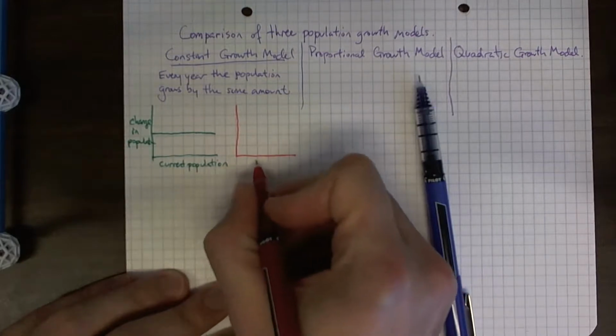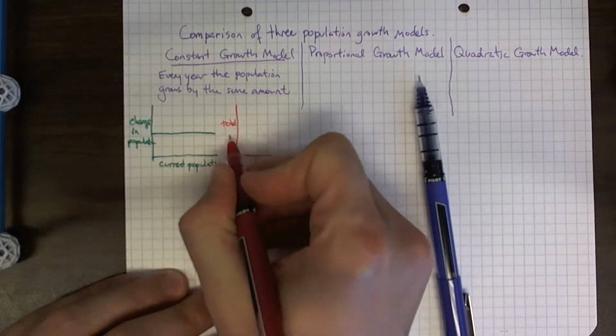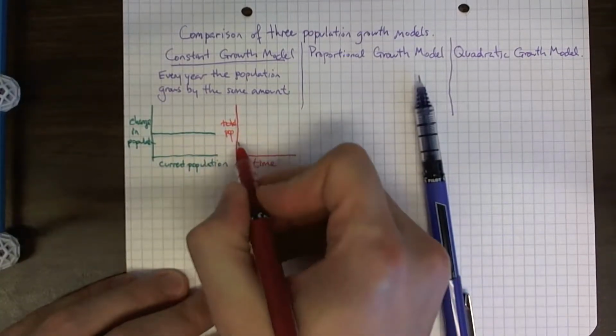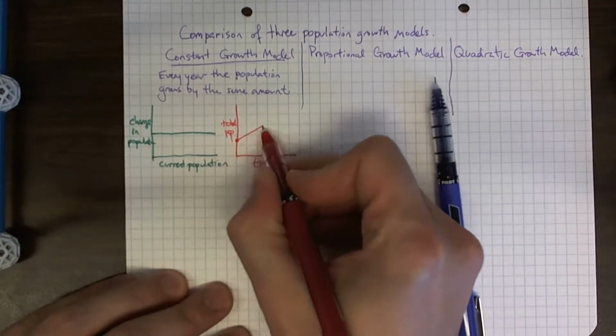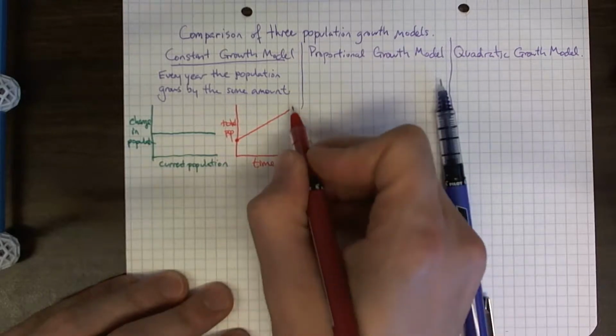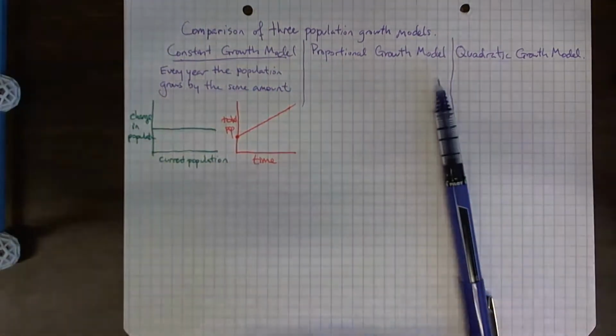If we wanted to talk about what the growth over time looks like, and we have the total population, well, if you start off at a certain amount, then this change in population is going to be constant, so the function of the population will be a linear function.